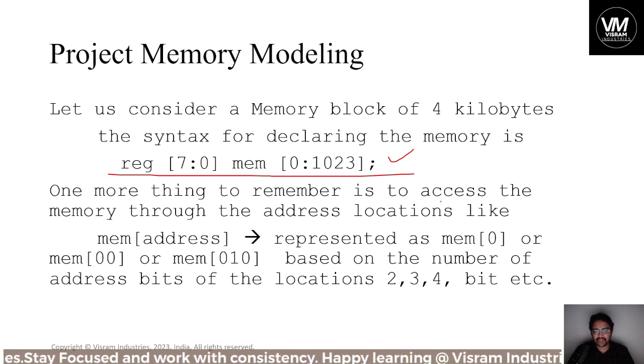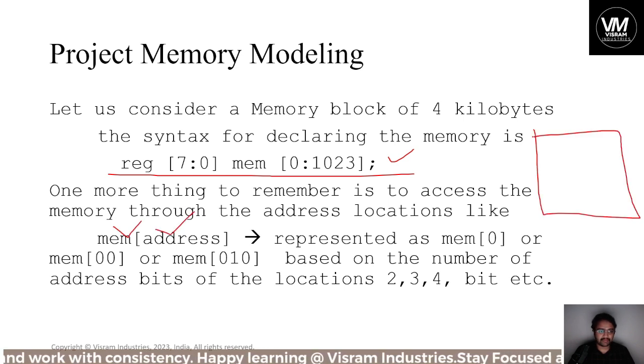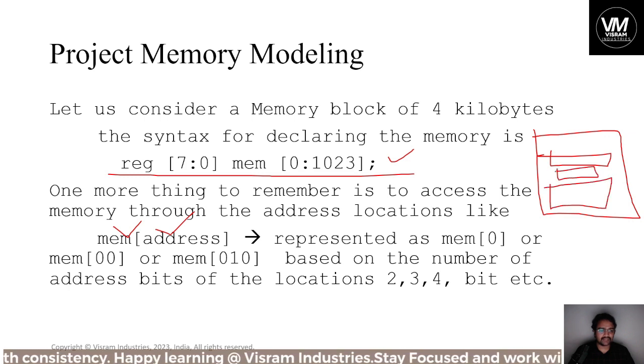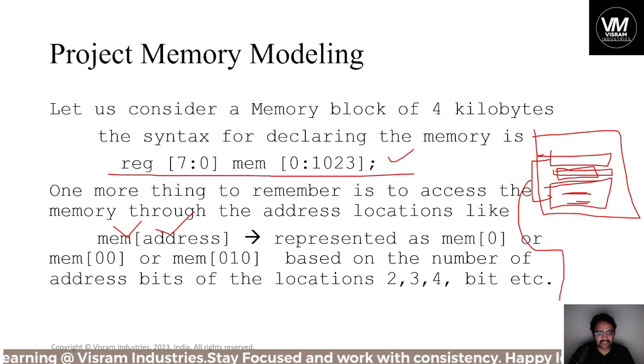One more thing to remember is to access the memory through the address locations like mem_address. For example, you have a memory and you have this number of registers in a stack. Everything will be unique. I have just given registers, but each memory location should have a memory address, right?